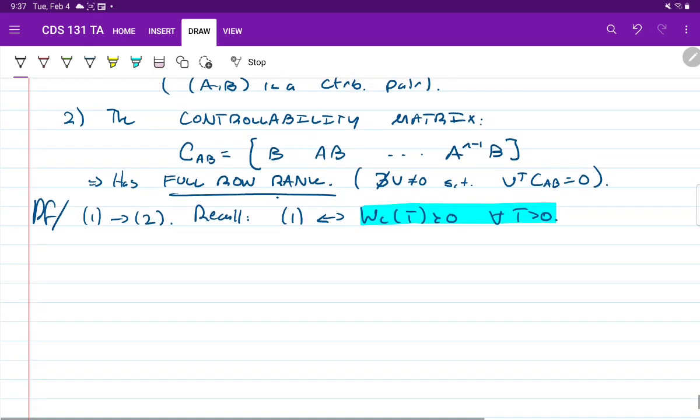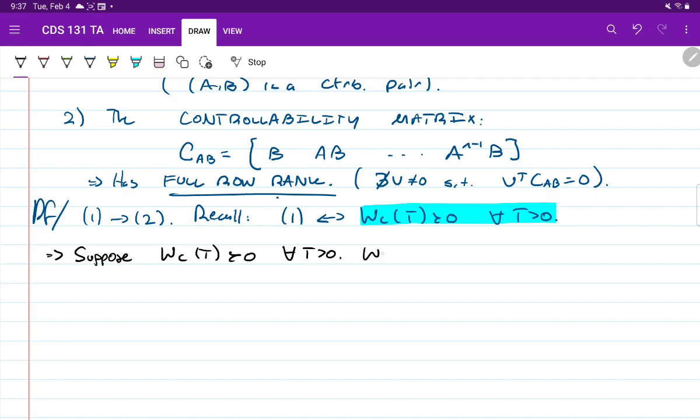Okay, so what I'll say is, suppose W_C(t) is positive definite for all t greater than 0. Now I want to show that C_AB is full row rank. Okay, so let's do this by contradiction, okay?